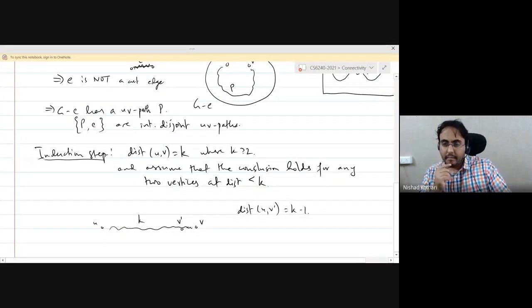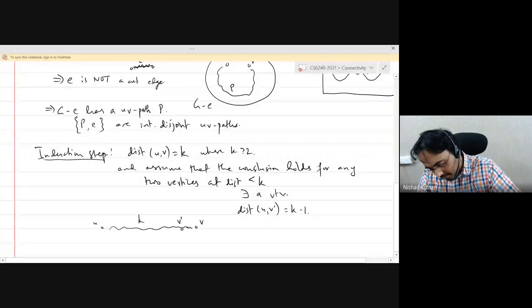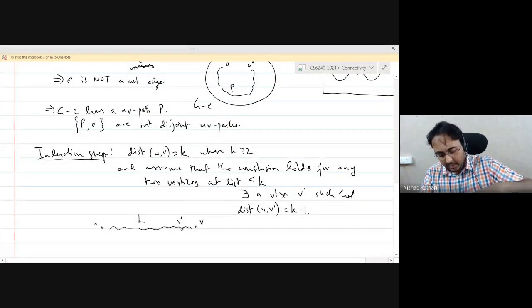If you take the one vertex which precedes V on such a path of length K, then the distance between U and that vertex will be exactly K minus 1. So there exists a vertex V prime such that the distance between U and V prime is K minus 1.